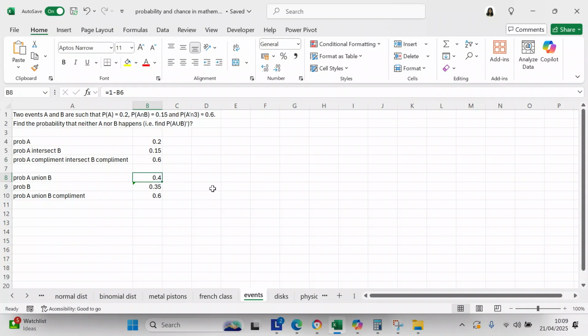Probability of A union B is 1 minus B6, which is 0.4. Probability of B equals B8 minus B4 plus B5, so that's going to be 0.35. And probability of (A union B) complement is 1 minus B8, which is 0.6.